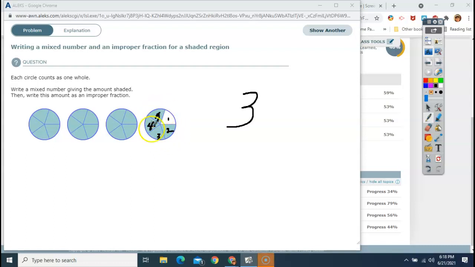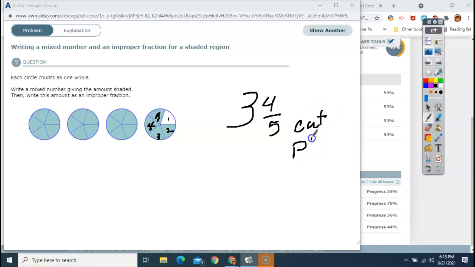So the shaded part, we have 4 shaded pieces out of a total of 5. So this will be considered 3 and 4 shaded out of the total 5. Now the reason I put the 5 on the bottom is because that's the way it's cut.